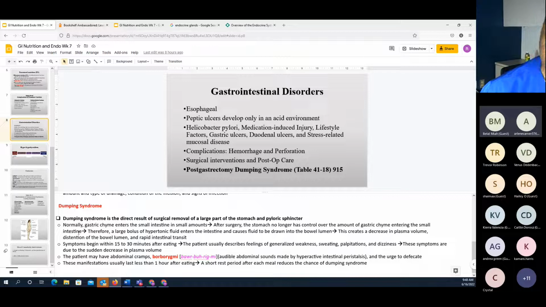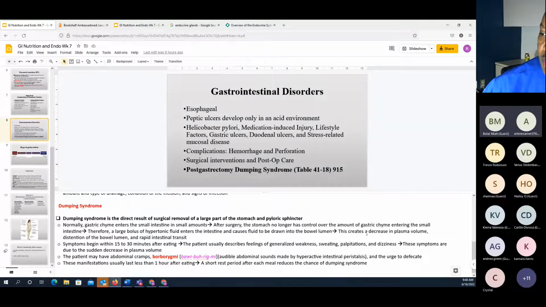Therefore, this large bolus of hypertonic fluid enters the intestine, right? When that food is broken down, that chyme is more hypertonic than anything else.